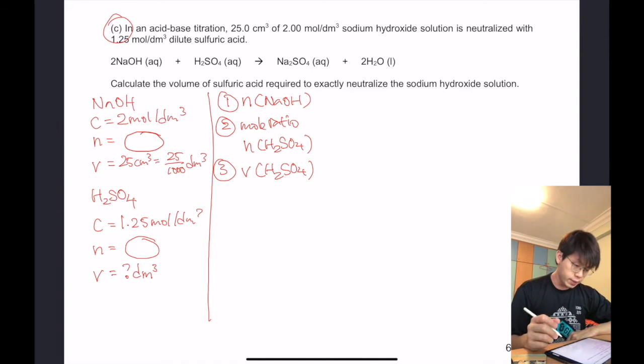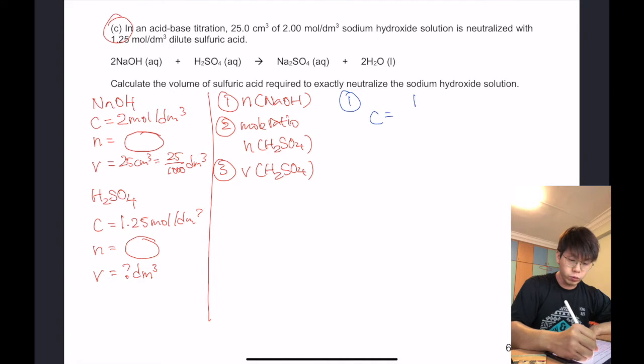Okay, so first, I need to find the number of moles of sodium hydroxide. I'm going to write in blue. So what we have here is that concentration equals number of moles divided by volume. So concentration is 2, number of moles I do not know, volume is 0.025 dm³.